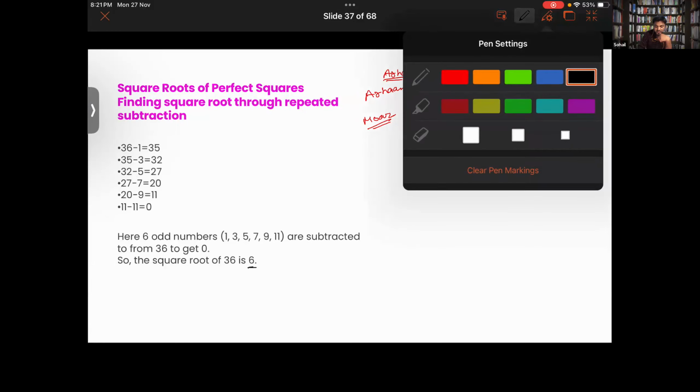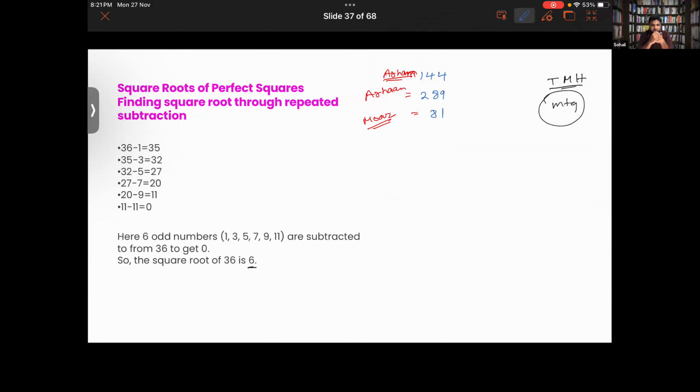MTG publications have some very good questions in them. The books are being scanned. I haven't got the PDF of the book yet. When I get the PDF, I will be taking questions from there also. But I need to be sure that you are able to solve questions from NCERT also. Only then I will take questions from there.